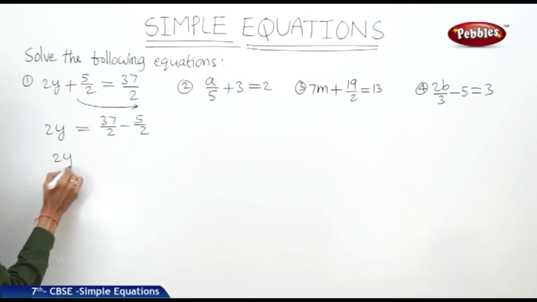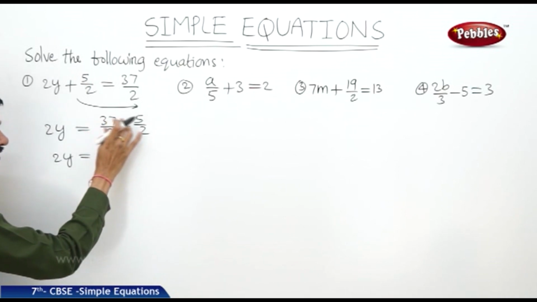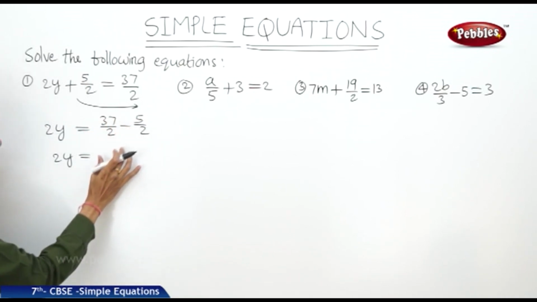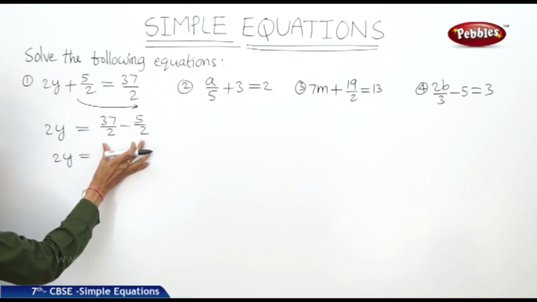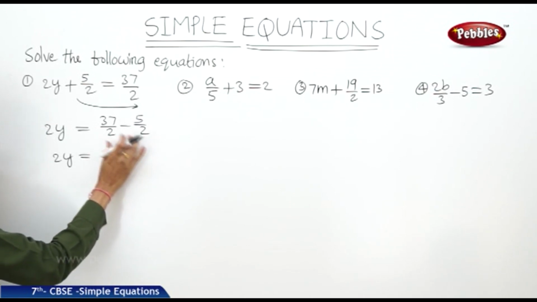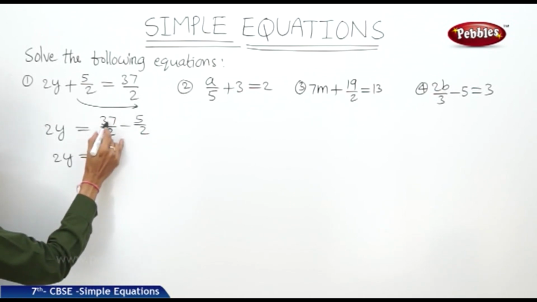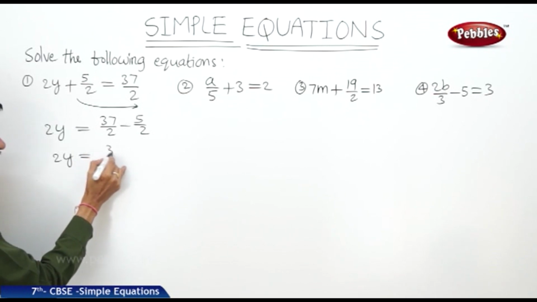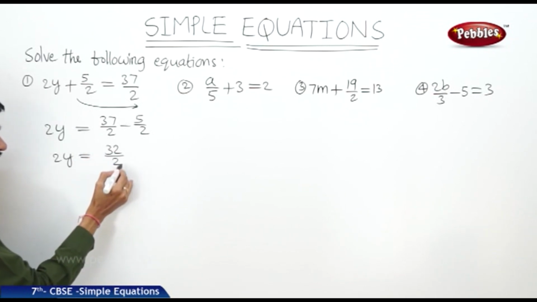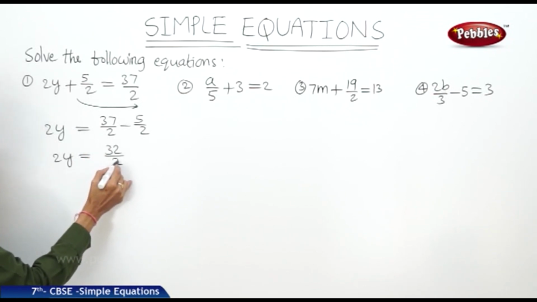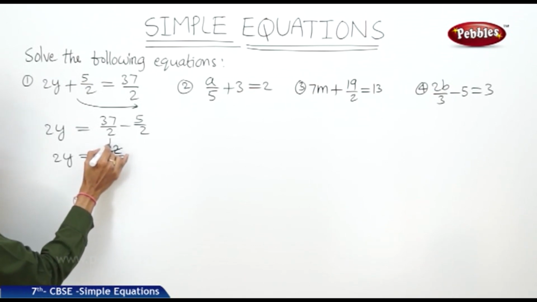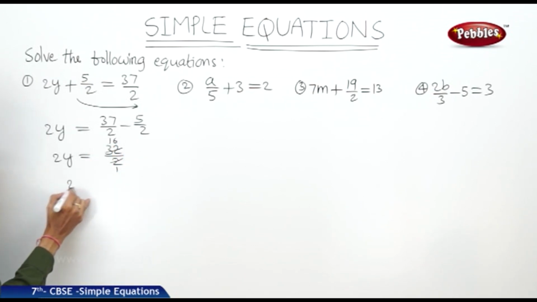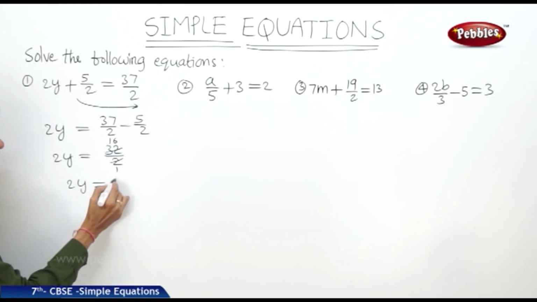Here 37 minus 5 is 32 because the denominators are equal. When the denominators are equal, we can subtract the numerators. So 37 minus 5 is 32 by 2. If we cancel 32 and 2, we get 2 1s are 2 and 2 16s are 32. So the equation becomes 2y equals 16.